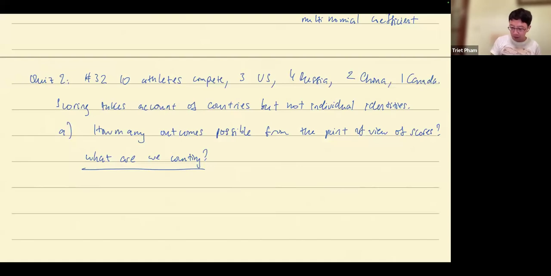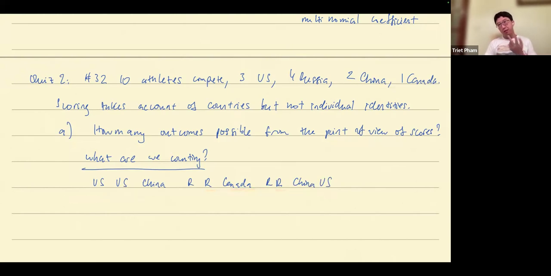For example, suppose we have US, and then US, and then China, and then Russia, and then Canada, Russia, China, US, whatever, like that. That's one ranking.